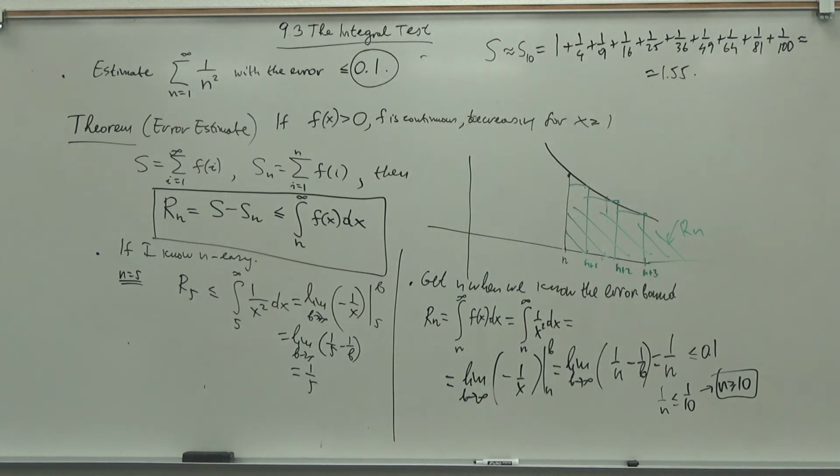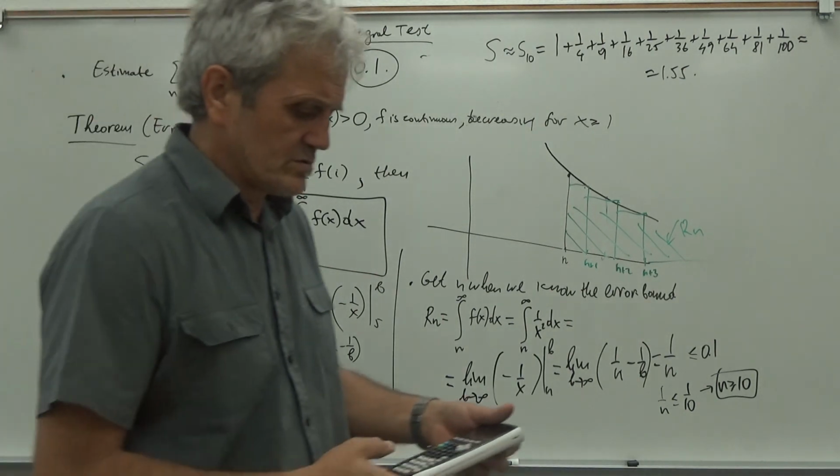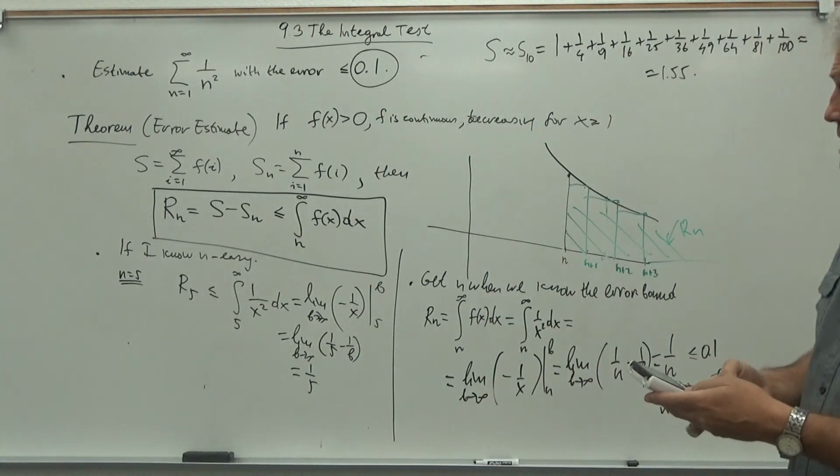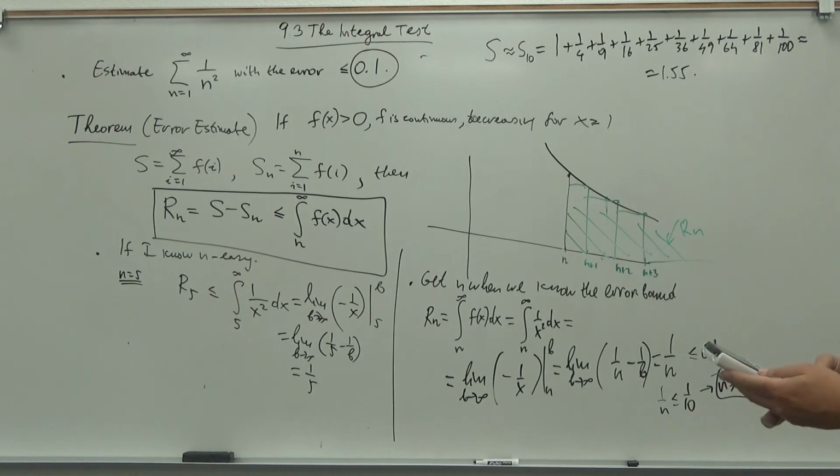Or I can actually check it. In one of the future lectures, I want to show you a little bit how to use the calculator for series and how to enter that from the menu. So let me double check here: plus 1/9, plus 1/16.